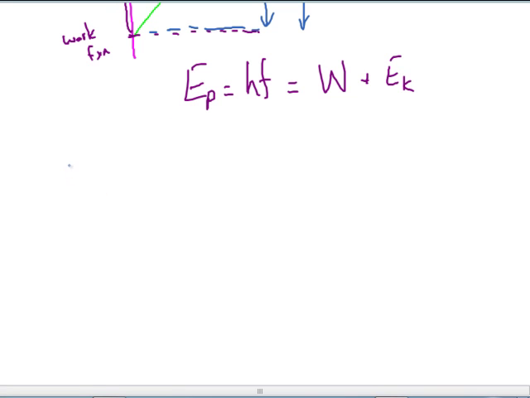Alright, so photon momentum. Momentum is mass times velocity.